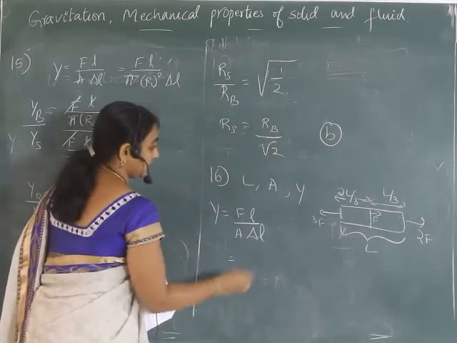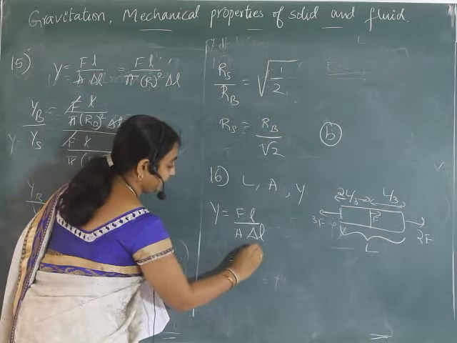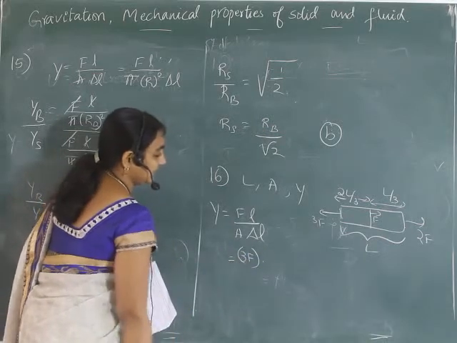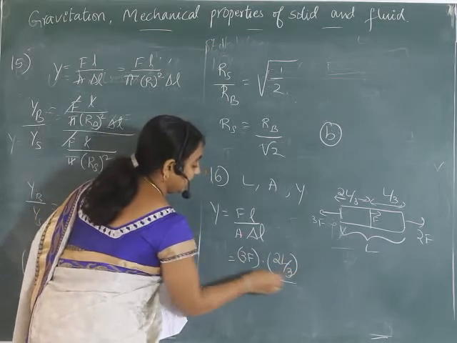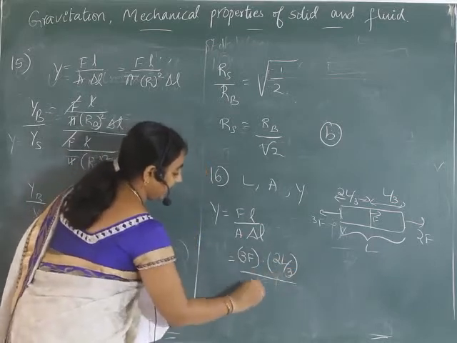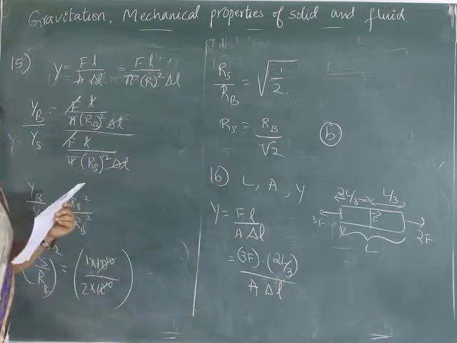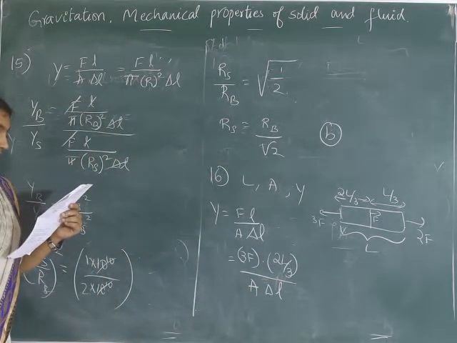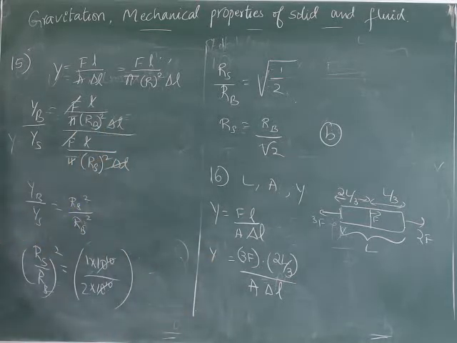The total force of that side also is 3F. So therefore 3F into, what is the length? 2L by 3 divided by A into delta L is equal to Y.